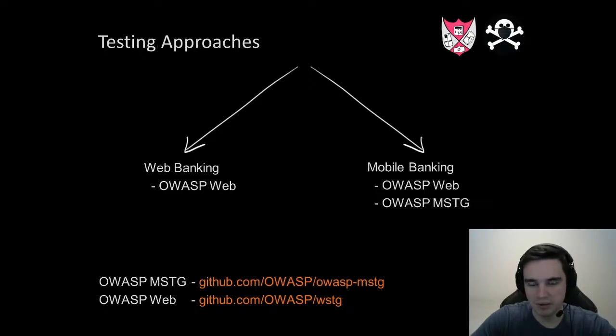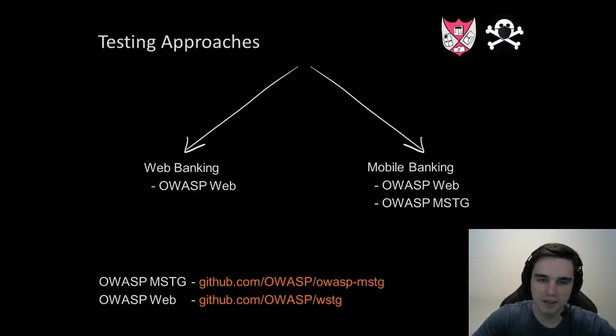So maybe you know, and if you use something else, you can share it in the comments. For web banking, we usually use OWASP Web. It has a very good checklist and a lot of different vulnerabilities. It is really great, and good job to the people who made this.